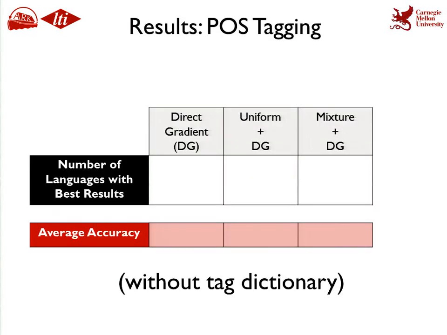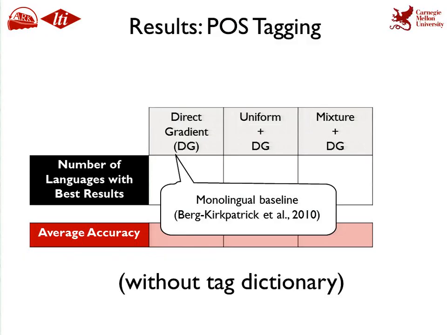I will not give you detailed numbers because there are lots of numbers. Instead, we have 3 models here, and I will tabulate the number of languages with best results for each model, and also the average accuracy. The first baseline is the monolingual baseline of Berg-Kirkpatrick.